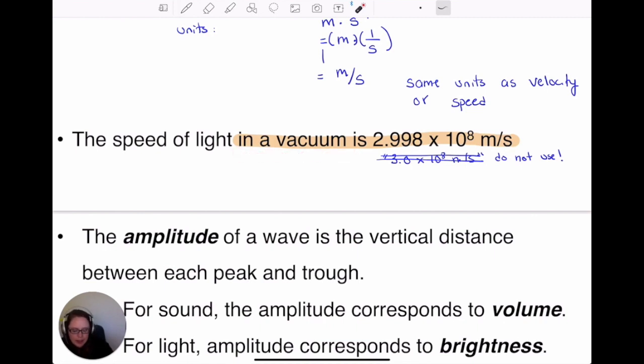When light is passing through a medium, say, air or a glass of water, it does slow down a little bit. But the amount that it slows down is very, very small compared to the actual speed of light. So for any calculations that we're doing in this class, you can ignore any reduction in this speed.